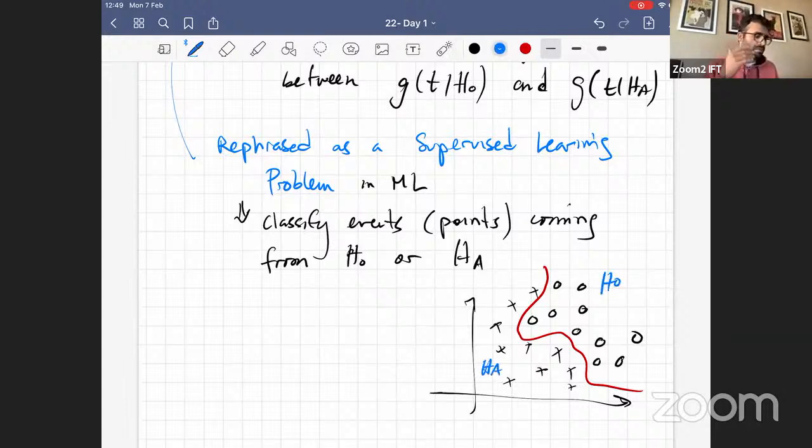If you estimate somehow this boundary, then points to the right of the boundary would belong to H0, and otherwise would belong to H1. So in this region here, you would accept H0, and otherwise you would reject it.